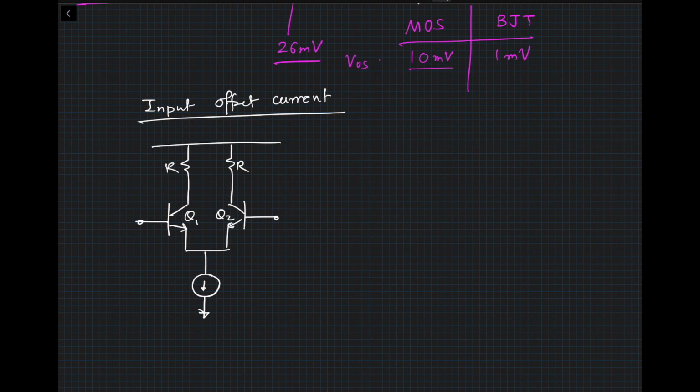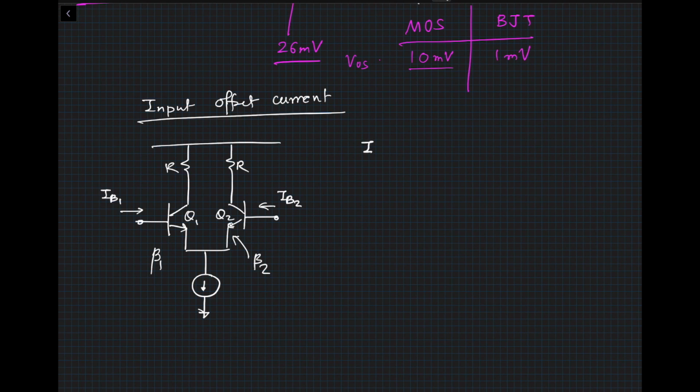Let's say transistor Q1 has a beta of beta 1 and Q2 has beta 2, so there is a beta mismatch, right? Then you will have IB1 base current and IB2 base current. Even though the two currents are identical, because everything else is matched, just because beta is mismatched, you will have different values of base currents.